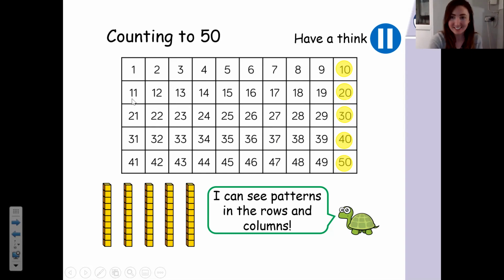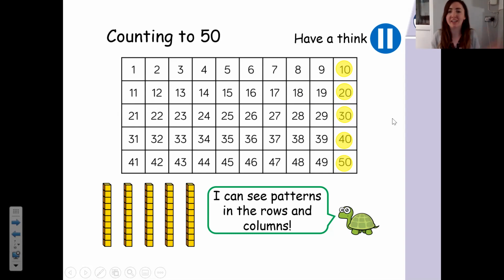But the ones go up by 1 each time. 1 one, 2 ones, 3 ones, 4 ones, 5 ones. Okay, so it's almost the opposite to the columns. So in the rows, the tens stay the same apart from the last number, and the ones go up by 1 each time apart from the last number.